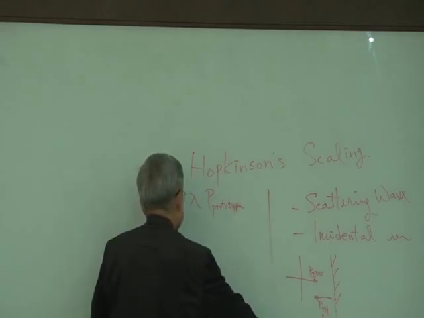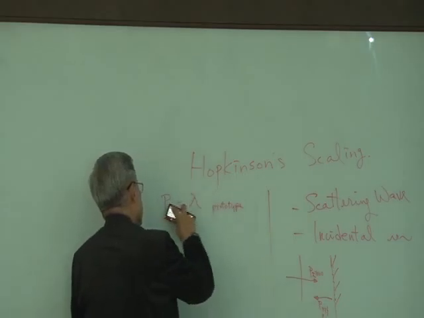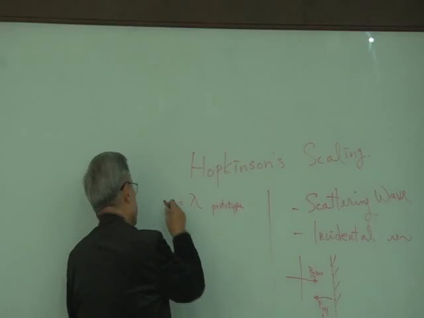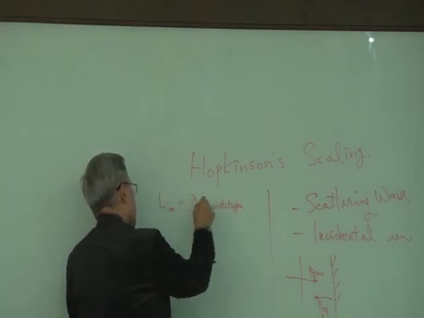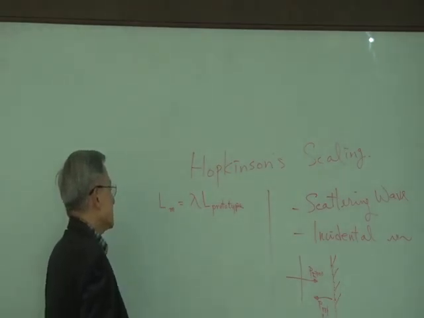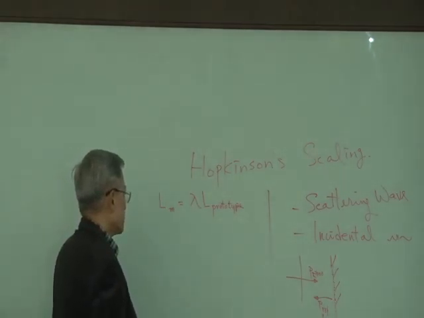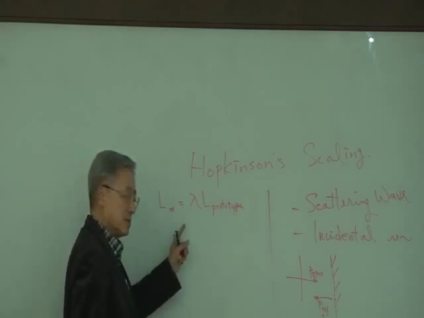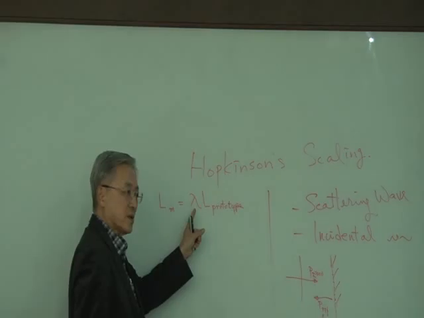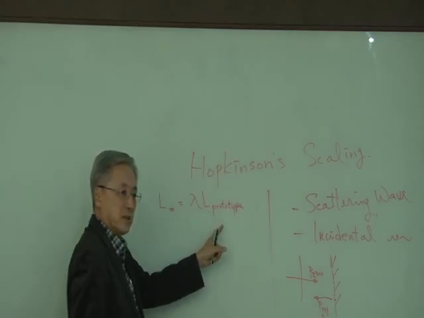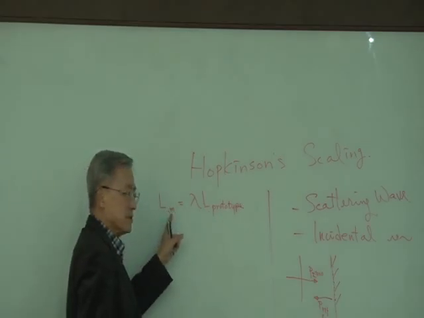Best bet is I should use just the L. As I mentioned, in Hopkinson's scaling law, one of three assumptions is that lengths scale linearly. Lambda is a scale factor, the Hopkinson scaling factor. L is a length in the prototype. This is a length in the model.